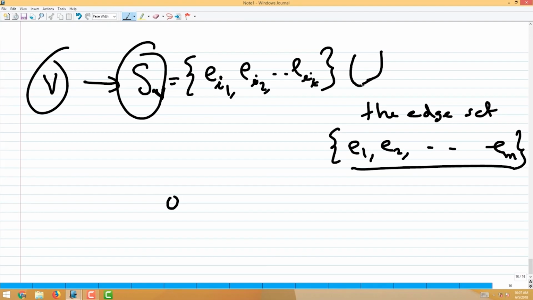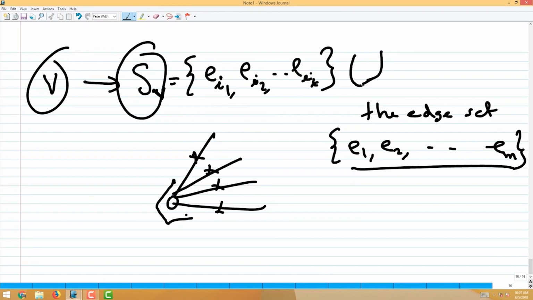So for instance, if this is the vertex V, these edges will be the subset, as if this is a basket or something, you can assume, and you are putting sticks in it. Your universe is those sticks, which are the edges of the graph, and each vertex is a basket holding those sticks.